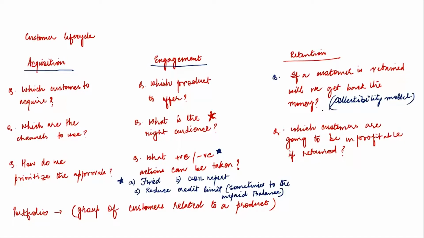You try to figure out the likelihood that customers are going to be able to pay back the money. Now let's talk about the asterisks that we marked here. We will have to go for new pages.